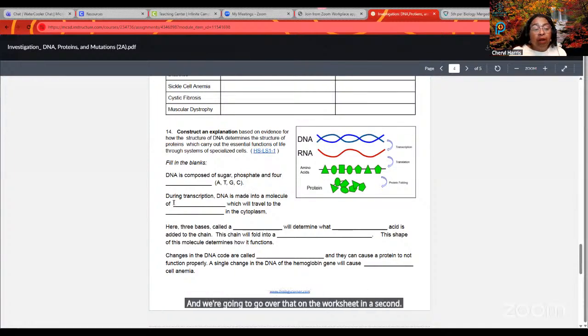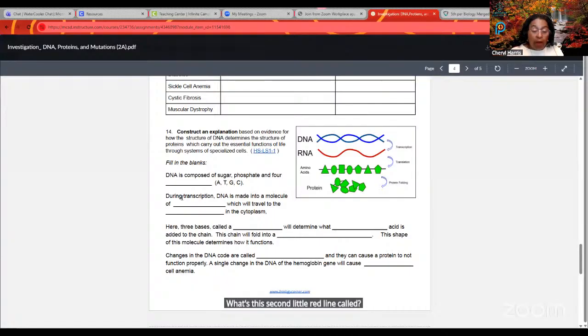During transcription, in order to get from the DNA to the RNA, DNA is made into a molecule of what? What's this second little red line called?